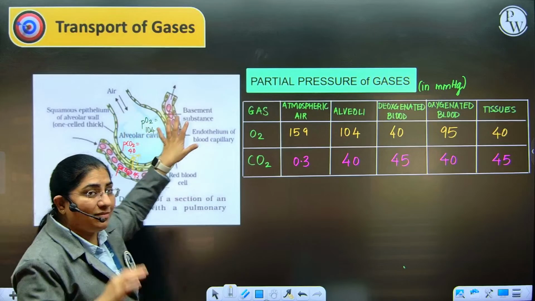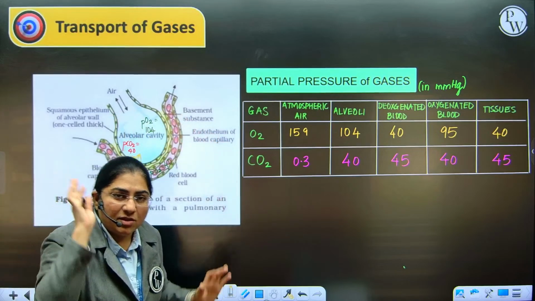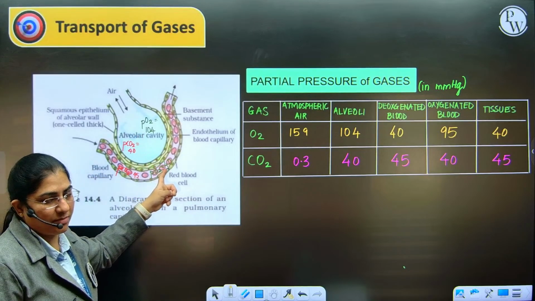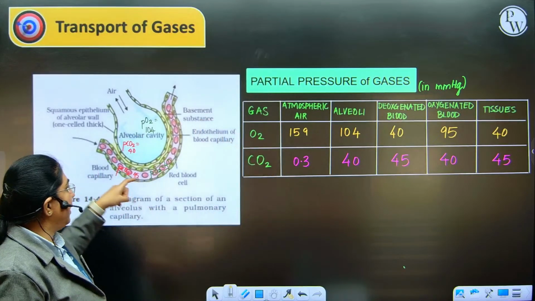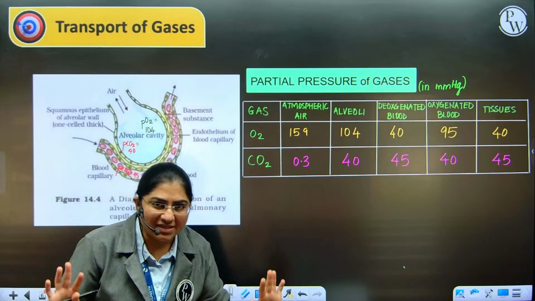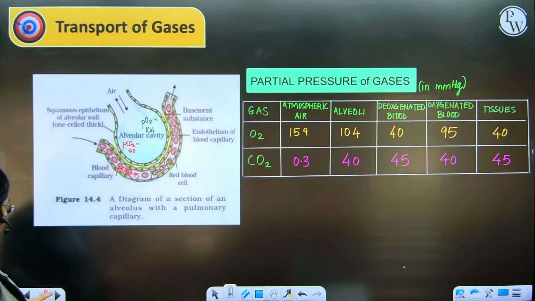So the partial pressures are favoring the movement of oxygen from the alveolar air into the deoxygenated blood, making it oxygenated, and carbon dioxide from the deoxygenated blood into the alveoli. Is this clear? Moving ahead.